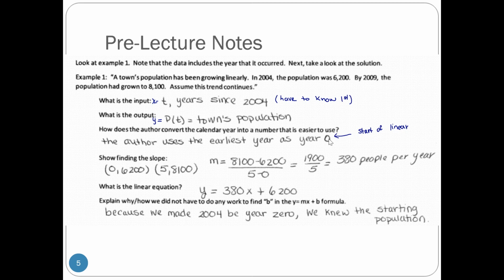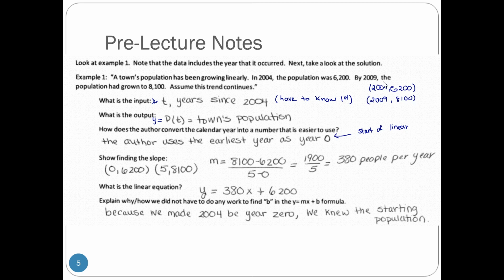So in the problem, my original number was 2004, looked that up, and said that was a population of 6,200. My second year was 2009, looked that up and said population 8,100.